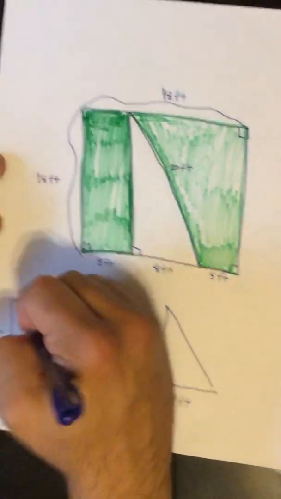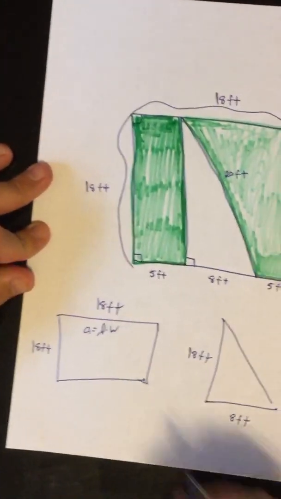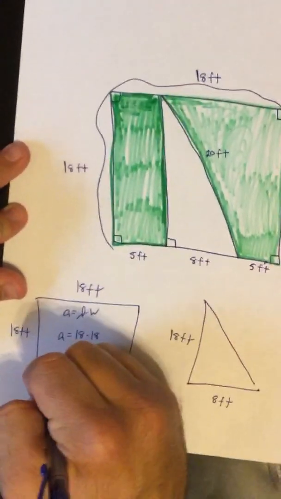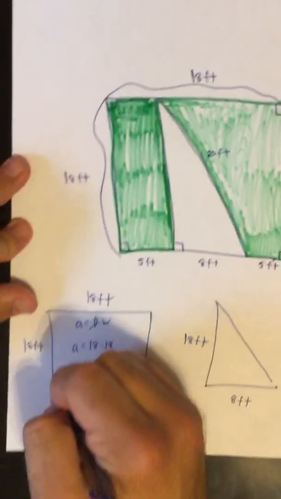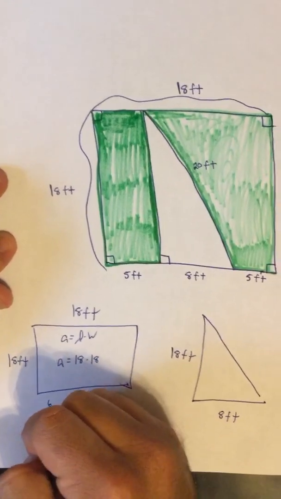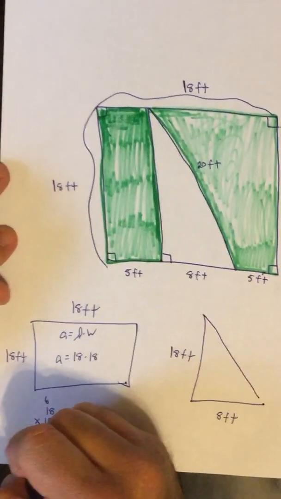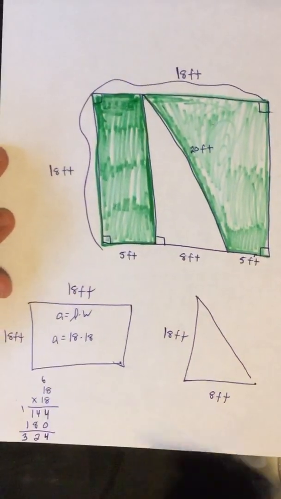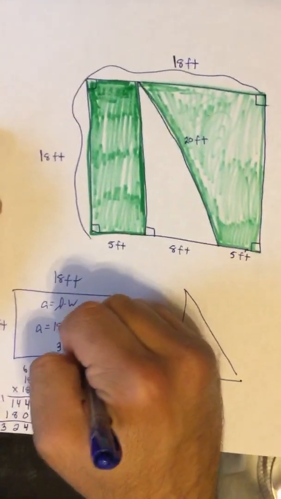So for the square, length times width. So 18 times 18. 8 times 8 is 64. 8 times 1 is 8, plus 6 is 14. Second row add a 0. 1 times 8, 1 times 1, add straight down. You get 324 feet squared.